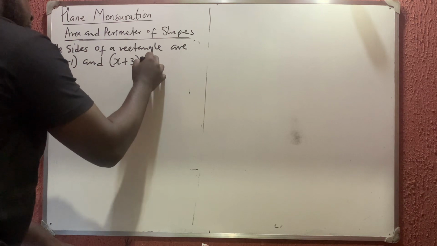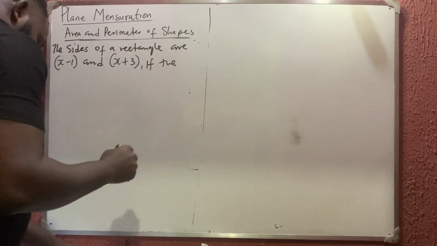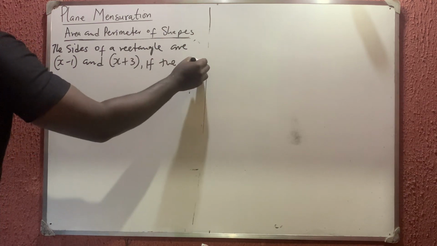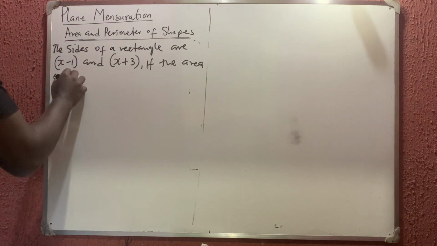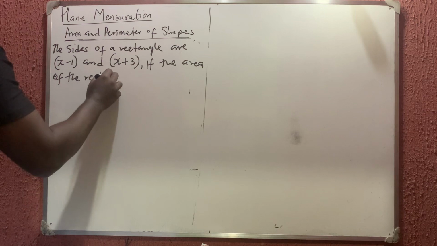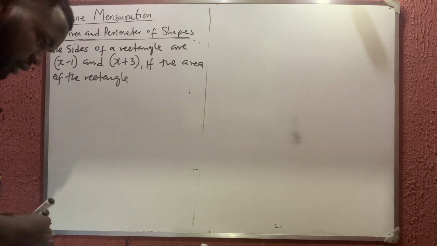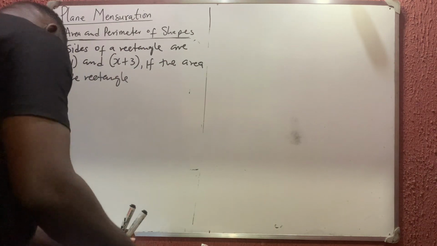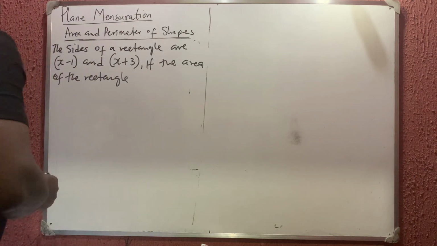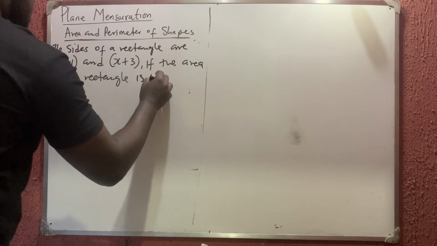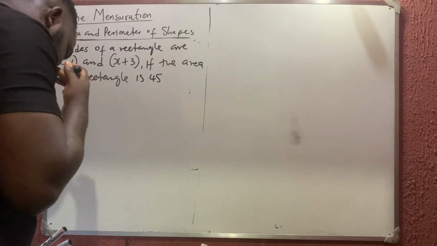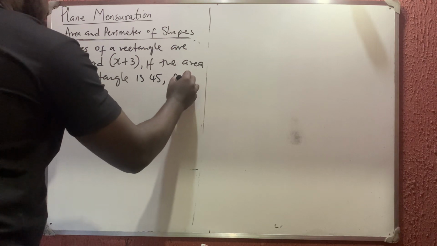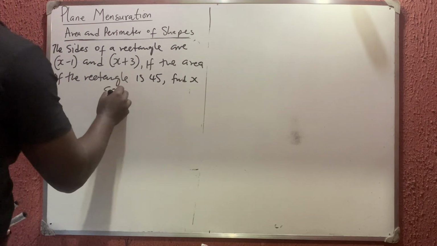Then I say if the area of the rectangle is 45, find the value of x. 45, find x. Okay, solution.